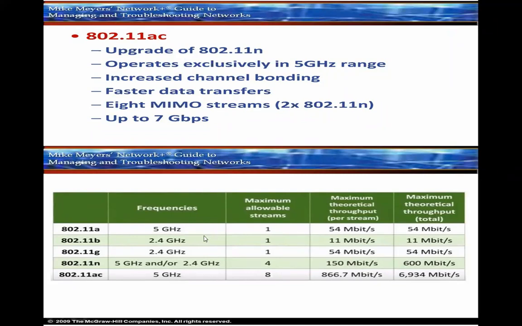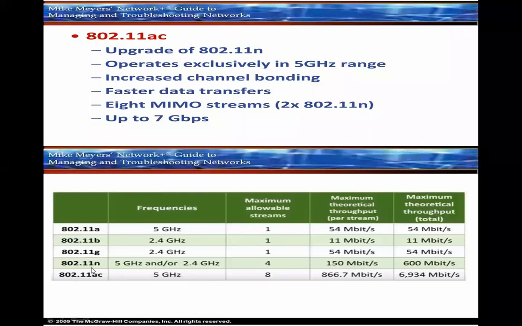The same conditions are written in the particular table. How much frequency are you using? 5 gigahertz, maximum output, and total theoretical output. We have already seen in these substreams 5 gigahertz, 2.4 gigahertz, or 2.4 gigahertz and 5 gigahertz.